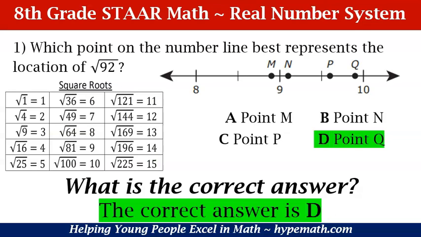Is it closer to the square root of 81, or is it closer to the square root of 100? And yes, it's closer to the square root of 100. Based on that information, we know that the square root of 100 is equal to 10. So the square root of 92 would be closer to 10, and that is point Q. Let's move to our next problem.